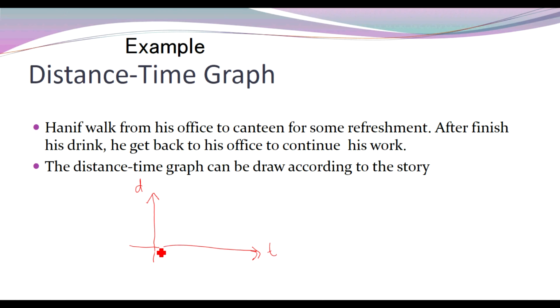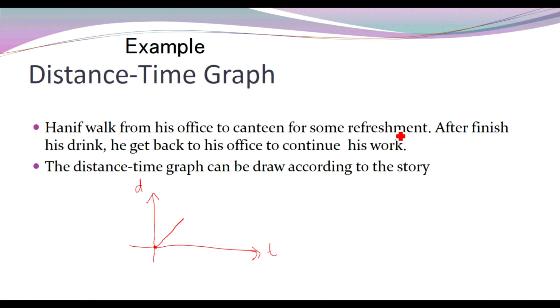Hanif walked from his office to the canteen for some refreshment. Let's say his office is here at 0, at the origin. When he walks to the canteen, the distance increases and the time also increases, so this is a straight line.